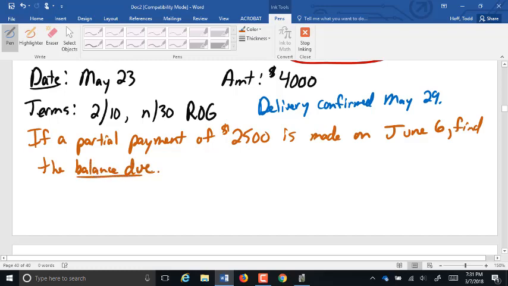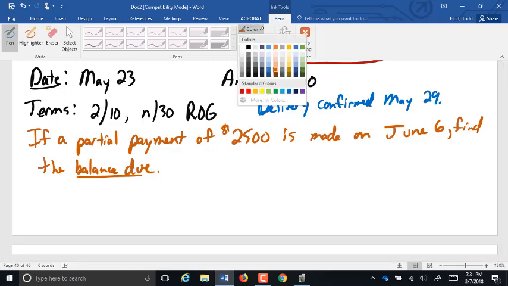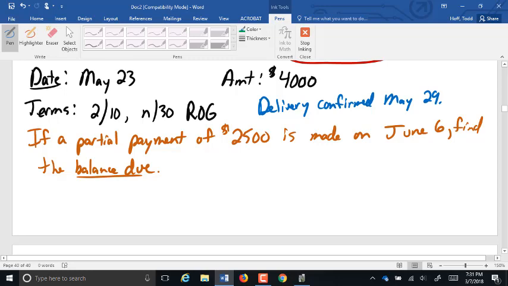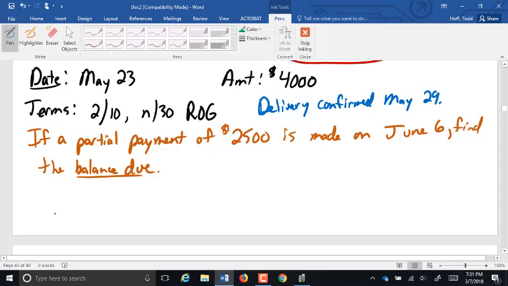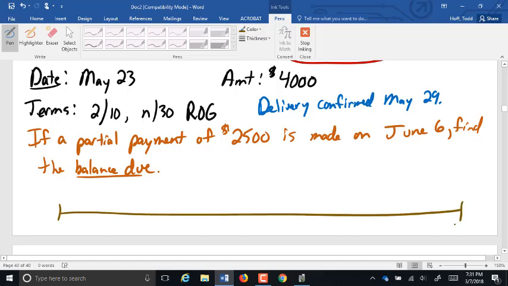The balance due, or sometimes called the outstanding balance, is the amount that is supposed to be paid at the end of the credit period. So let's start our timeline here. When does this timeline start?